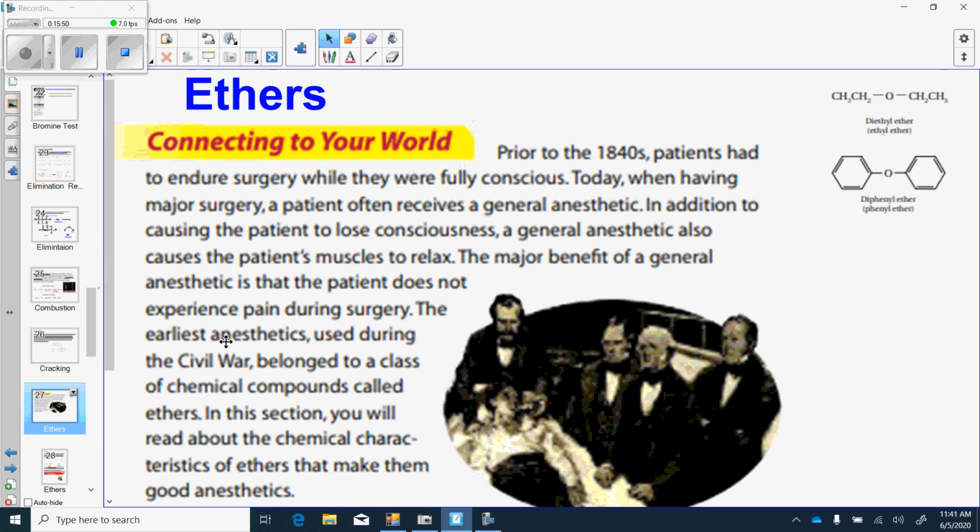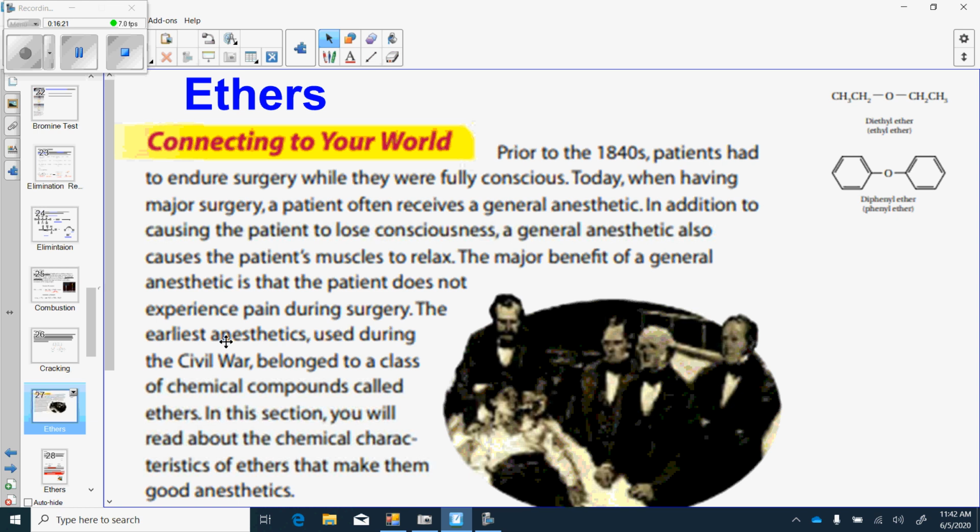Okay, ether. So ethers I find really interesting because of their previous use. So when you talk about surgery and you talk about getting anesthesia, the first anesthesia that was used was an ether in the Civil War. And what they wanted to do is make your patient unconscious, because before that, if you had to have surgery, you were awake for your surgery, and it was extremely painful.